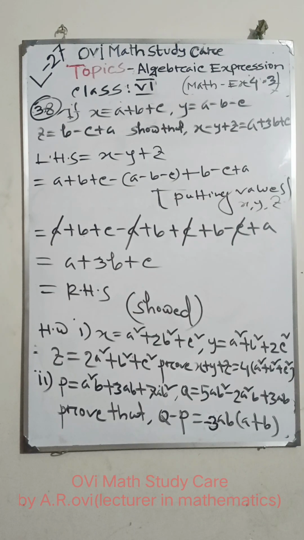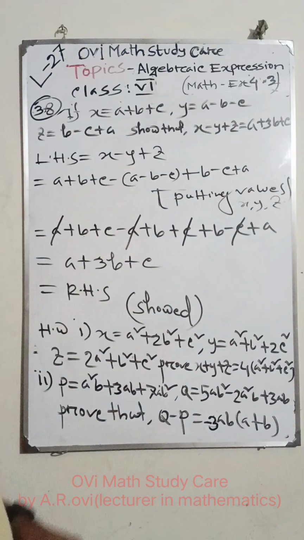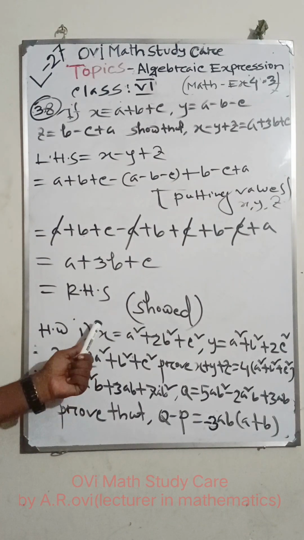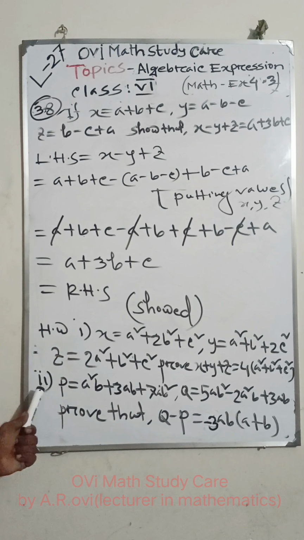Dear students, we have solved some exercise problems, number 26, 27, 36, 37, 38 of exercise 4.3. There are 5 problems that have been solved, and I have given you two homework problems. Homework number 1 and number 2.